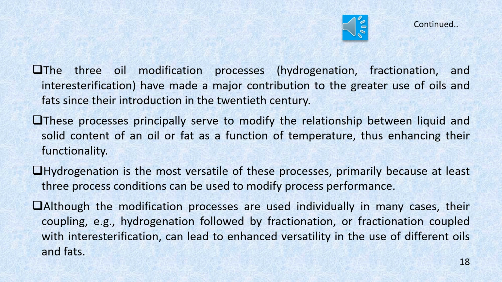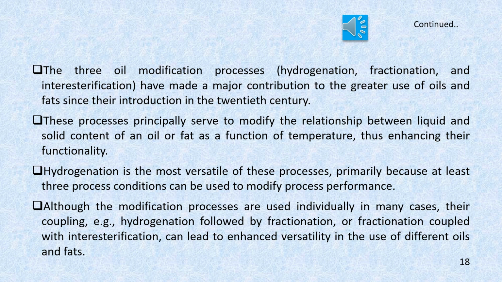Hydrogenation is the most important or most versatile of these processes, primarily because at least three process conditions can be used to modify process performance. So, above all the processes of modification, hydrogenation is a very important process. We have studied that there are three important processes of modification: hydrogenation, fractionation, and interesterification.